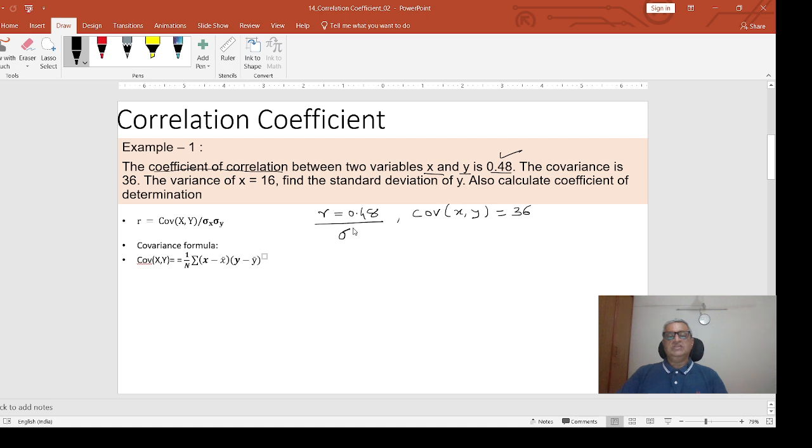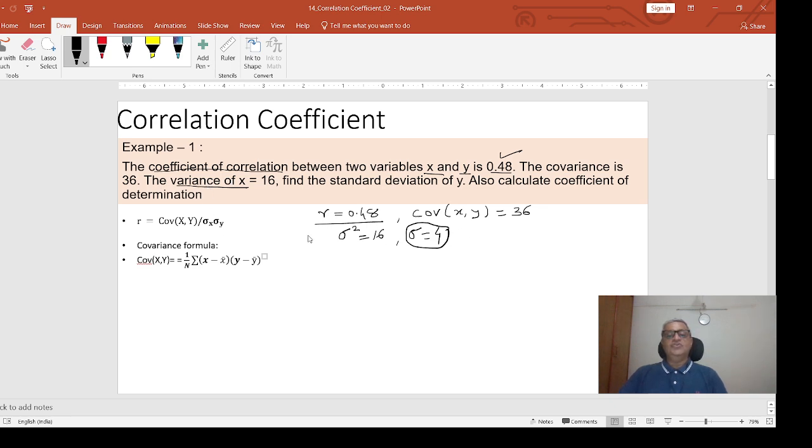Variance is nothing but the square of standard deviation. So the square of standard deviation is 16, therefore standard deviation is 4. Remember this, very important, because we are not given sigma, we are given variance.